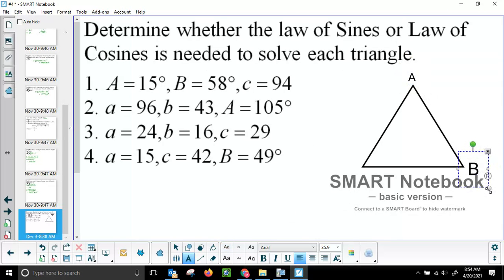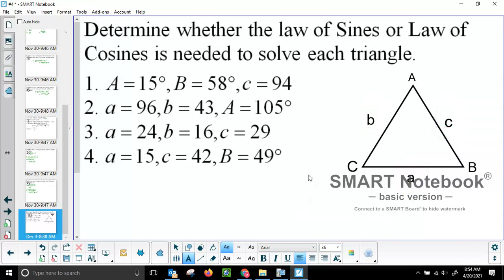This is just so I don't have to worry about erasing things. Here we will have little a, here we will have little b, and here we will have little c.